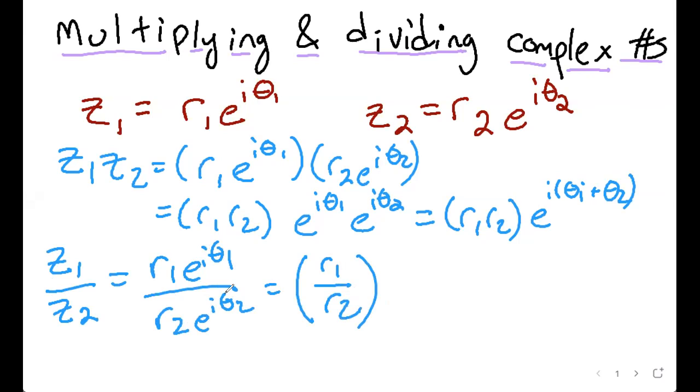If we're dividing one power by another power, we subtract the exponents. So e to the i times theta 1 minus theta 2. So these will be our formulas for how to multiply and divide complex numbers in exponential form.